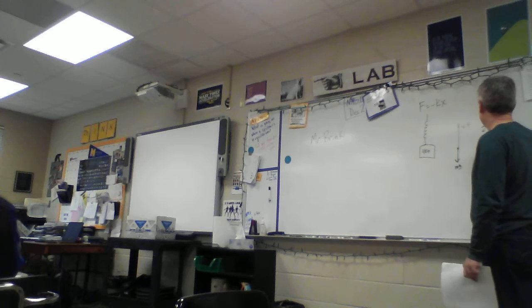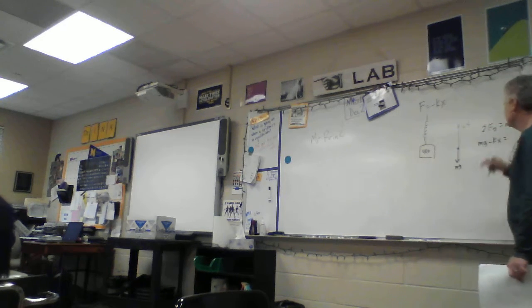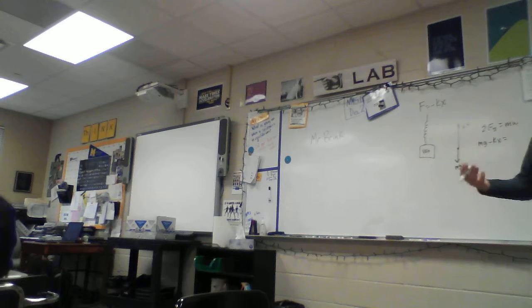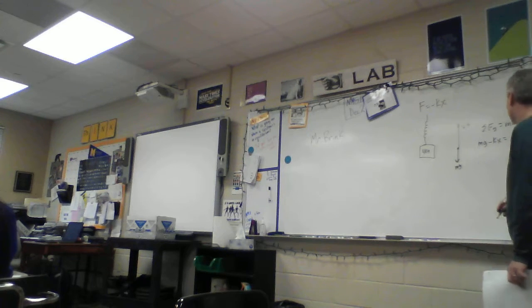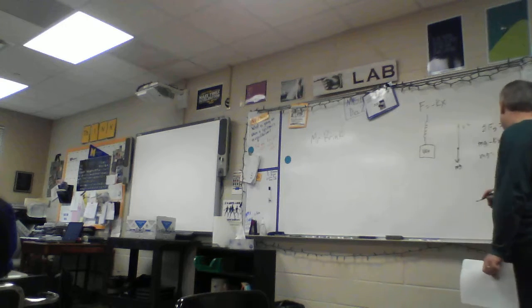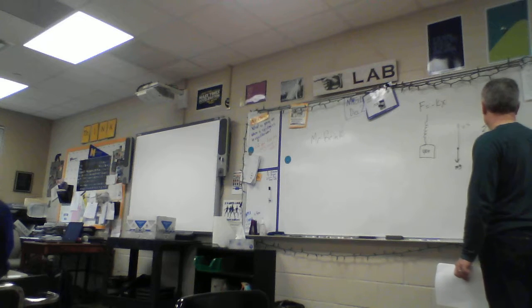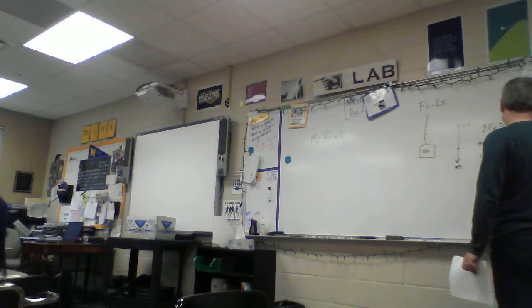So I'm just going to call down positive, so mg minus kx equals, and what's the acceleration if it's just hanging there? Zero. So mg equals kx. And then I'm solving for k, so k is mg divided by x.